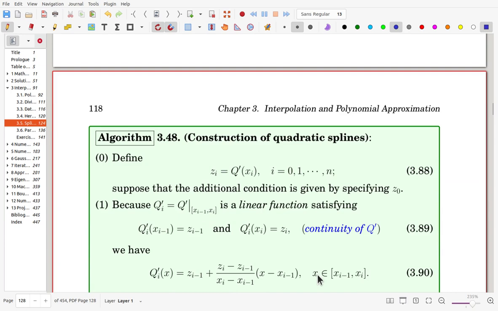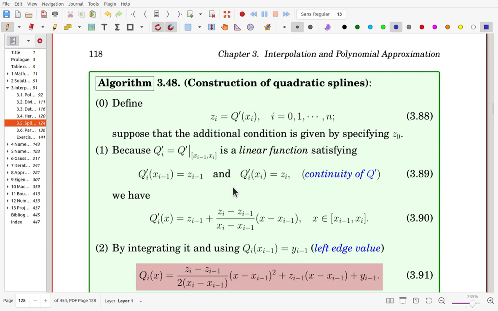Okay, let's go to the construction of quadratic polynomials. First, we define z_i, which is the derivative of q, the quadratic spline, at x_i. Momentarily, we assume that it is known. Later on, we'll consider how to find these values. So at each nodal point, the derivative value is known.